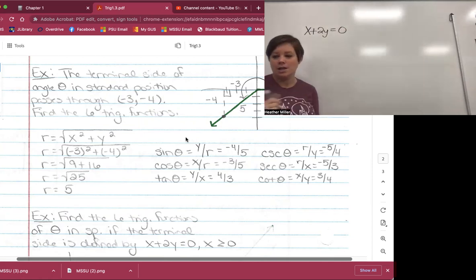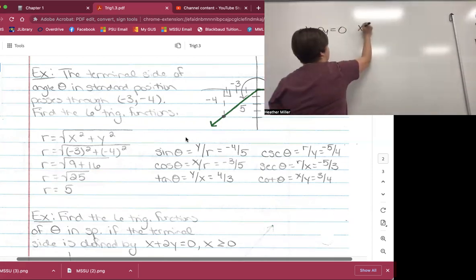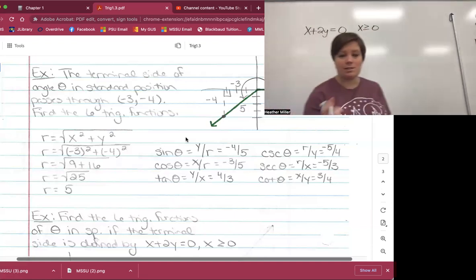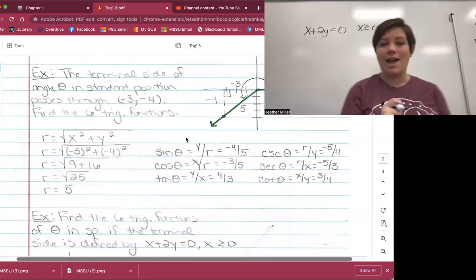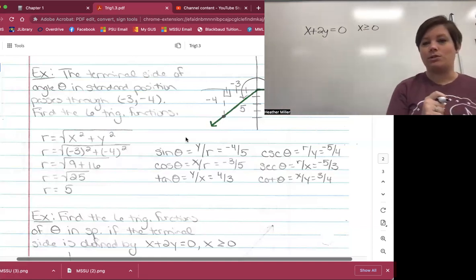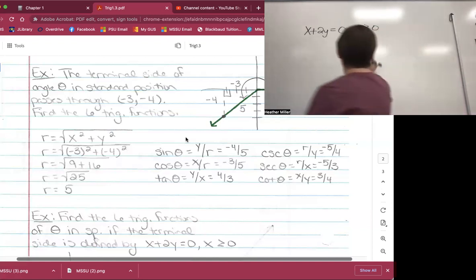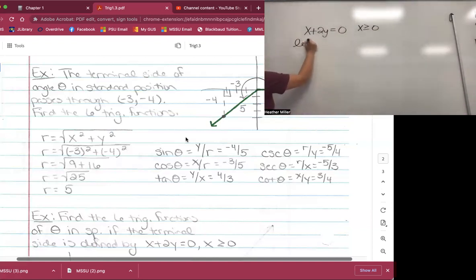That's what they give us. And they tell us that x has to be greater than or equal to 0. Okay, so pick a point where x is greater than or equal to 0. I'm going to let x equal 2. Okay, so let x equal 2.